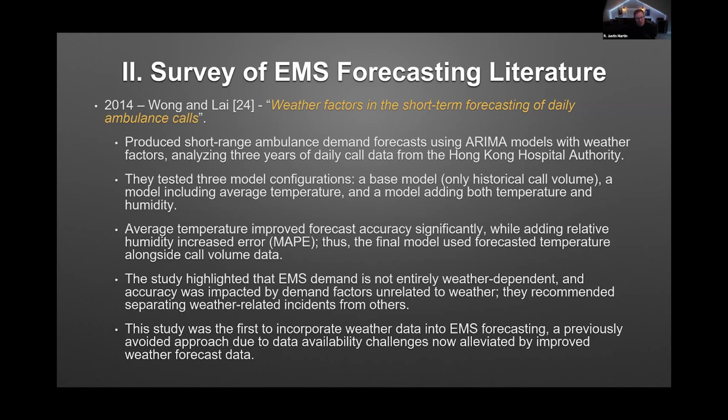That obviously can be a big determinant factor of who needs medical support. Snowstorms in the northeast of the U.S., right? That's another thing. But including weather in your forecast all the time isn't necessarily going to make that big of a difference. But there has been very little work done on this, really just this study, and I think there's maybe one other. So there is more work that could be done in looking at weather's factor on short-term forecasts.